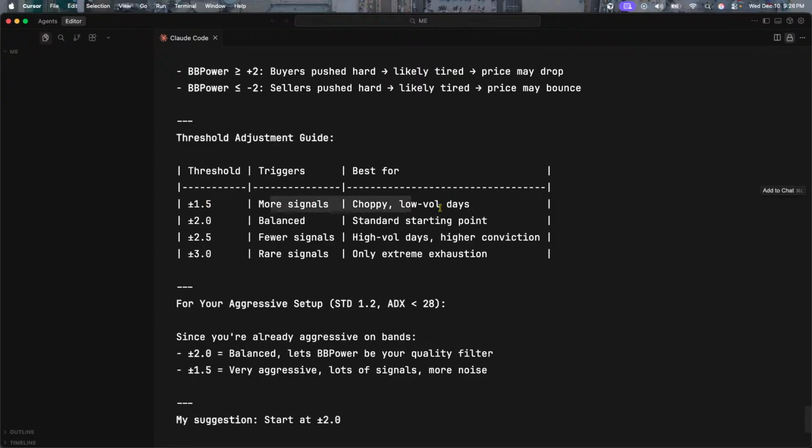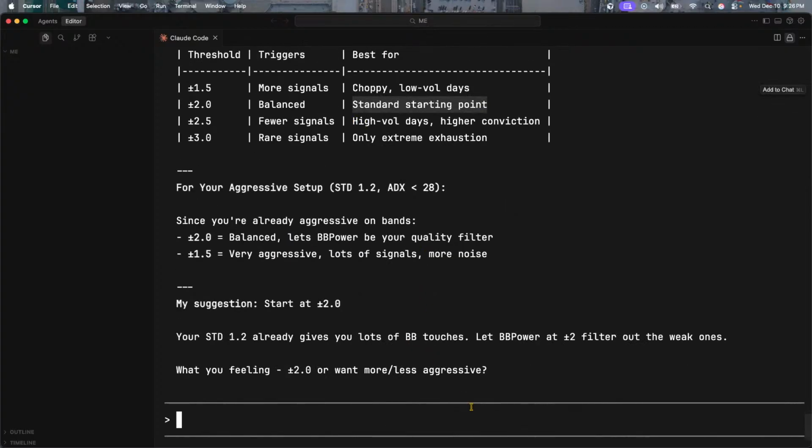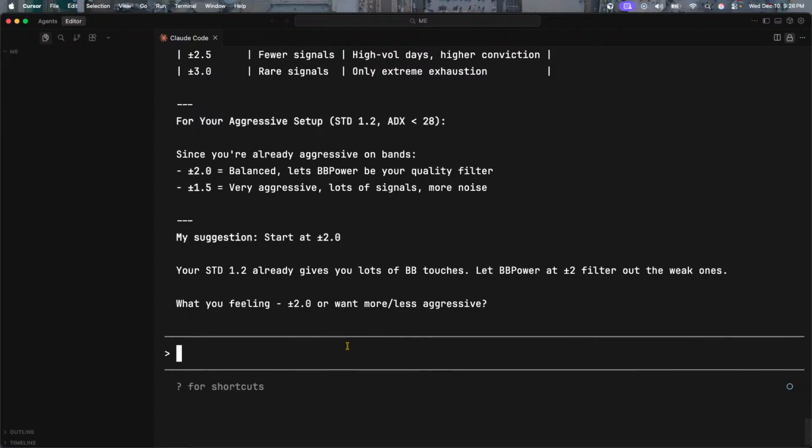1.5, more signals, choppy, low volatility days. 2, standard setting. So we're thinking that we are going to start at plus or -1, and then adjust as we move on in the back testing.